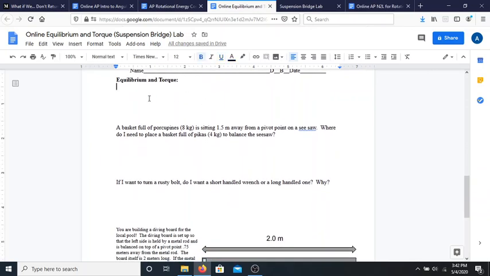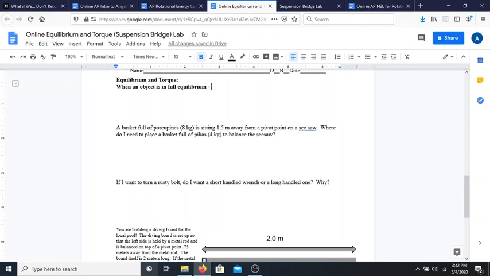Equilibrium and torque. So far we've talked about the idea of equilibrium. We've brought it up a bunch of times. We love when things are in equilibrium because it means they are not moving. And in fact, torque does not change this opinion whatsoever. Instead, what torque does is it just adds an extra way that we can be in equilibrium. All right, so when an object is in full equilibrium, that means that not only are the net forces all equal to 0, but the net torque is also equal to 0.